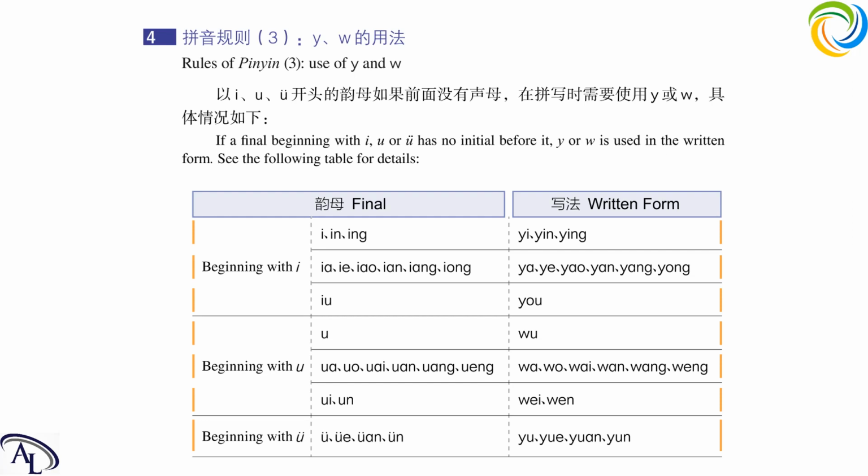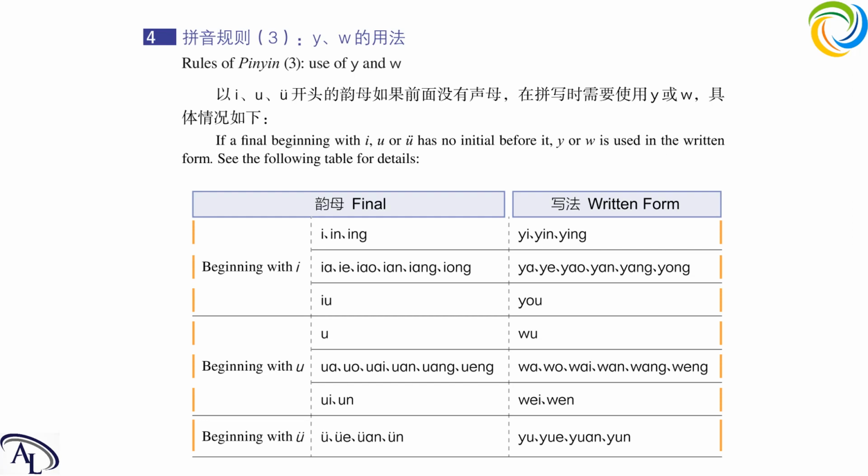Okay, so we can see in this situation when the final begins with i, when there are vowels after it, we will remove i and put the initial y before it. And when it is u, we will still remove the final u and put the initial w before it. And for the other occasions, for i, in, and ing, we will just put a y before it. We won't remove the final i. So it is the same as this, beginning with u.